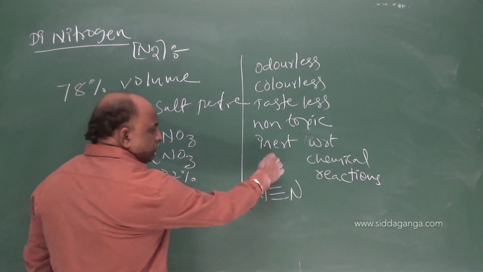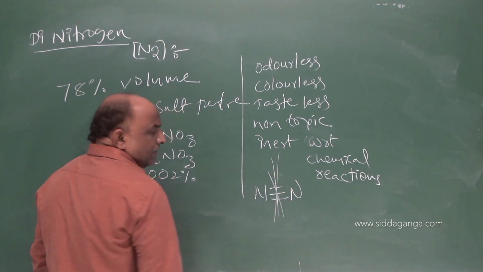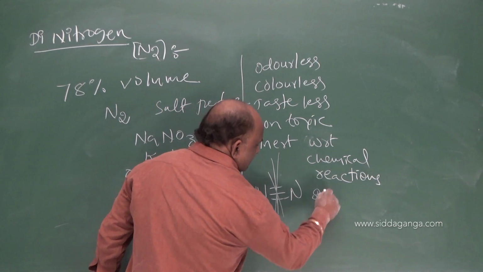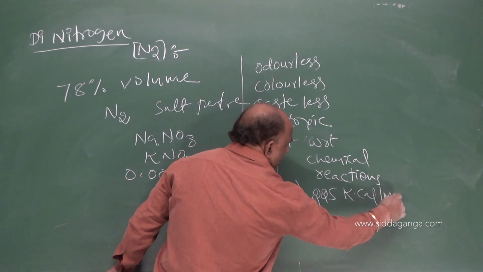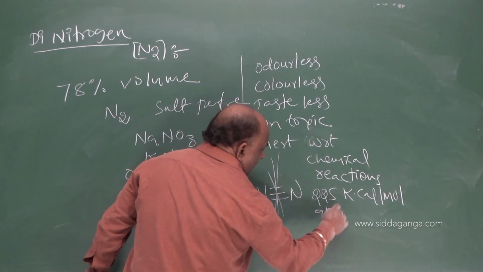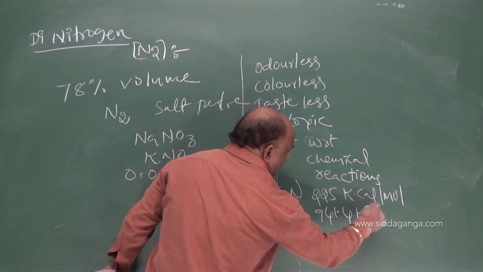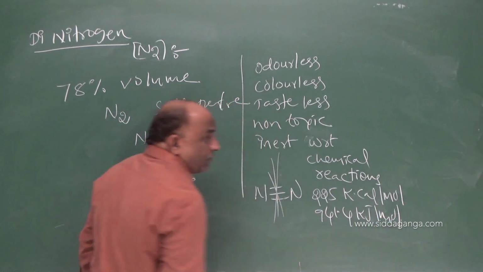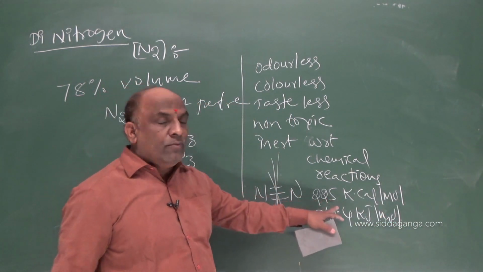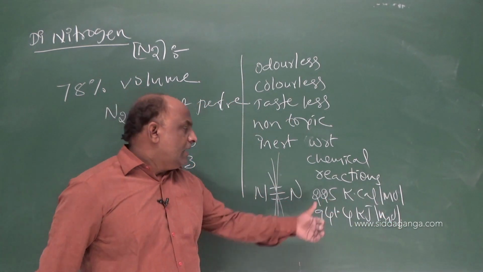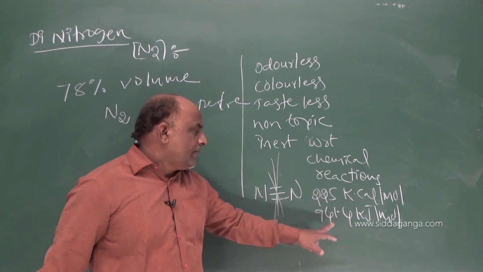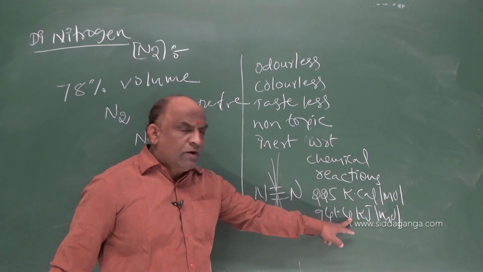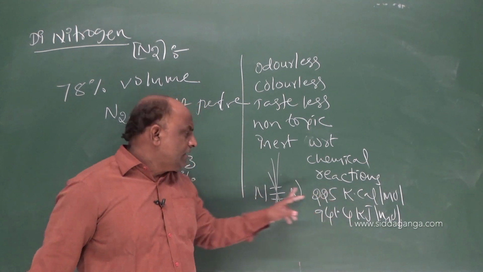To break this bond we require a lot of energy, that is 225 kilocalories per mole or 941.4 kilojoules per mole. Very high energy is required to break this bond.